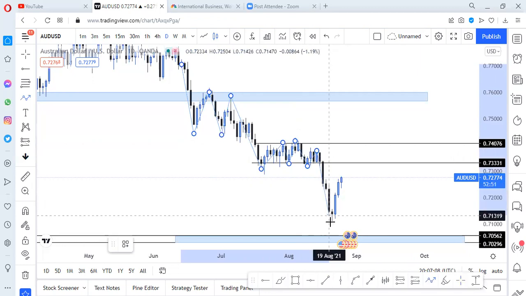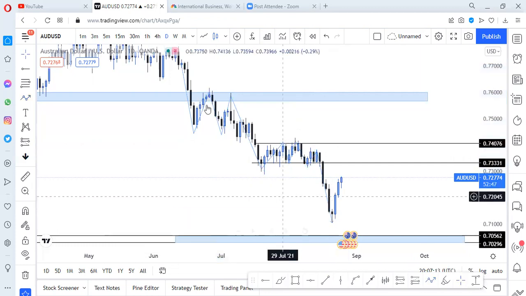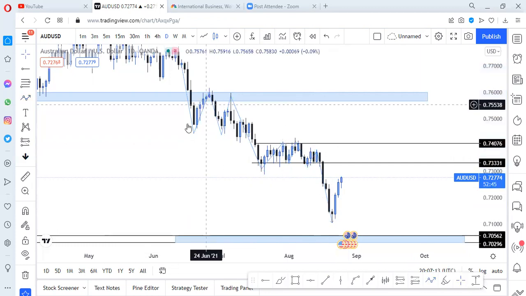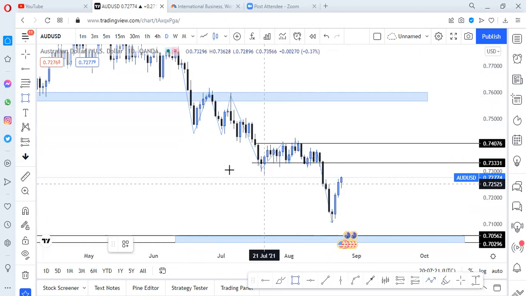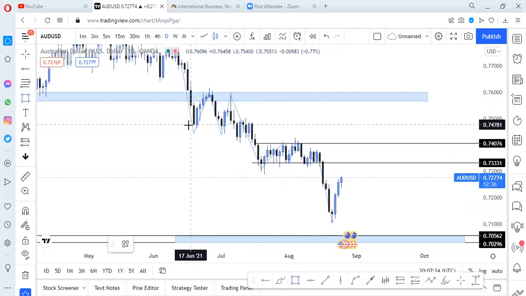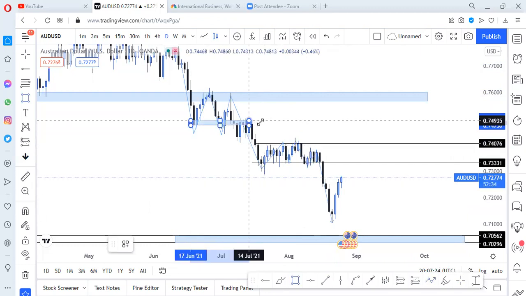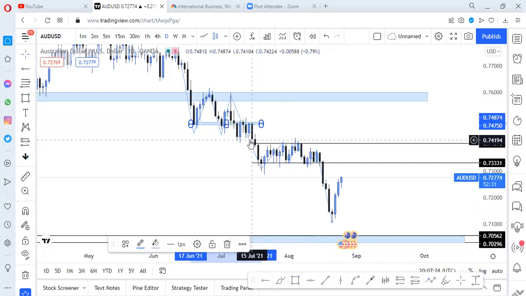Now we are at this point, and remember, from the top here, we have seen it break and retest, right? We have experienced break and retest. Here there was a break and retest, right?